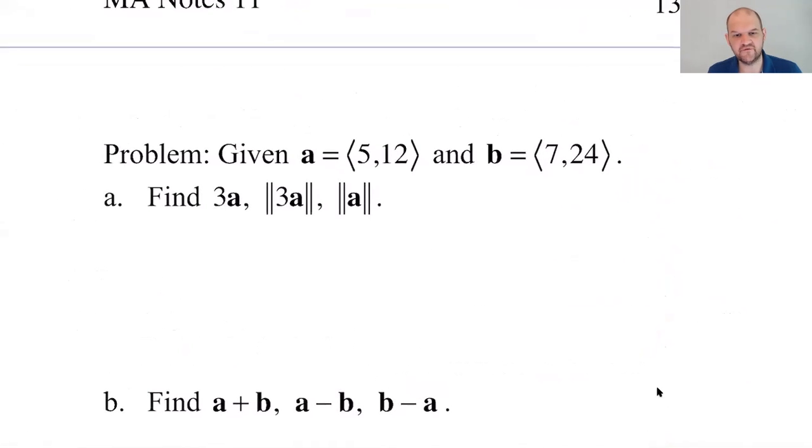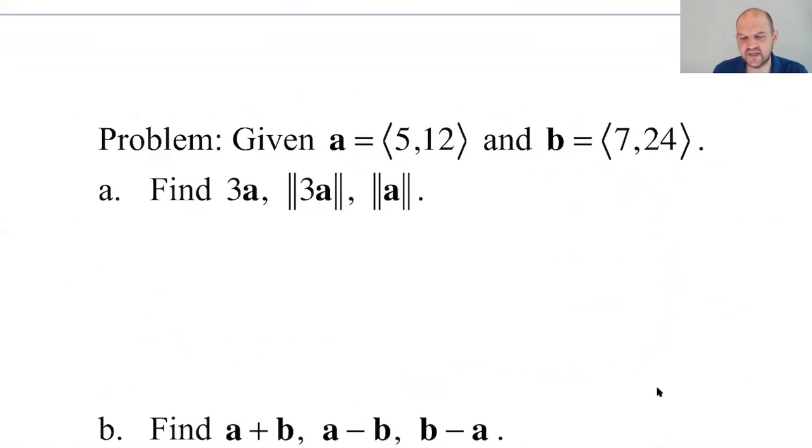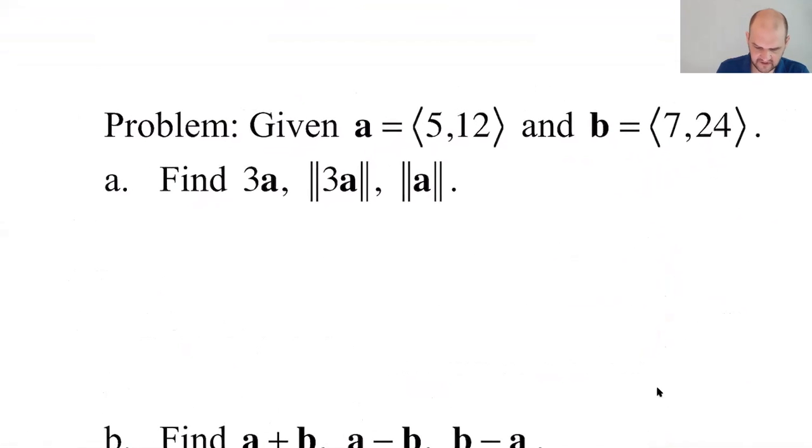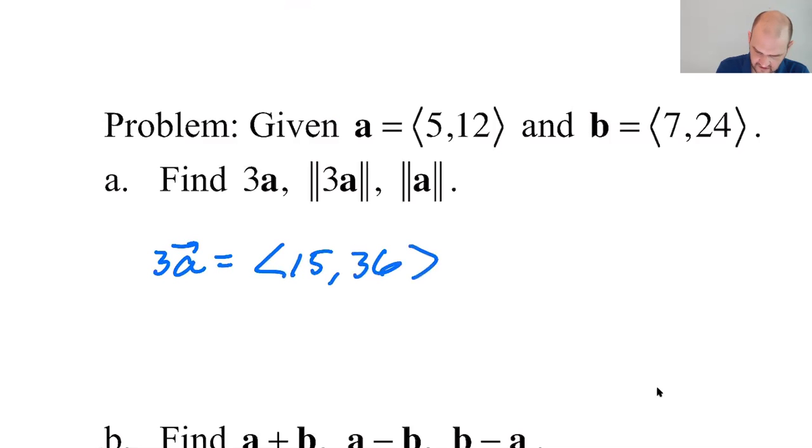So we want to find the magnitude of 3a and the magnitude of a. It makes more sense to find the magnitude of a first before you find the magnitude of 3a, so I might actually do that. But actually, it's 5, 12, 13, so you just know that it's 13. 3a, here we go. It's going to be (15, 36).